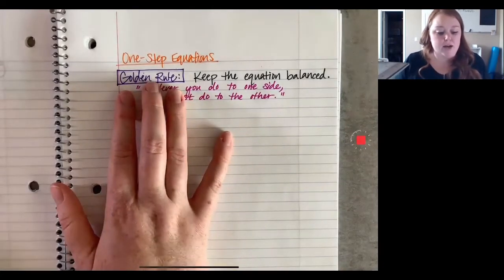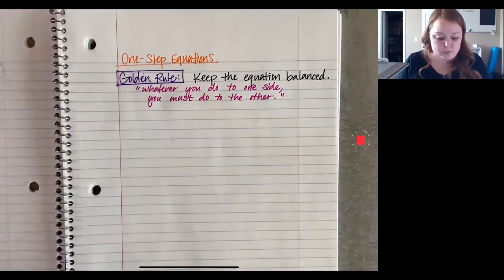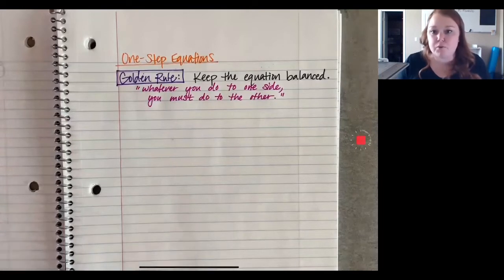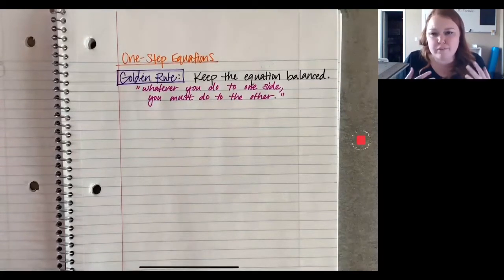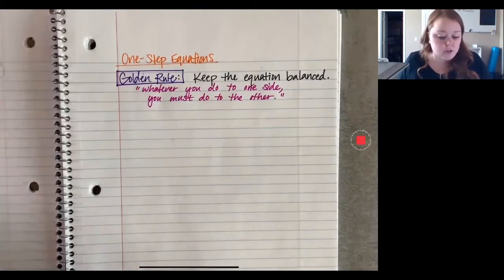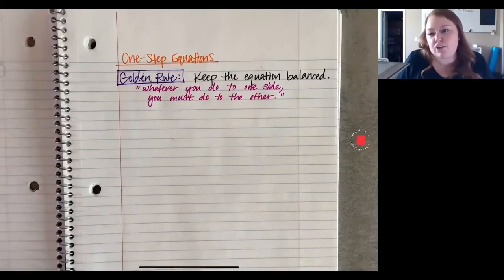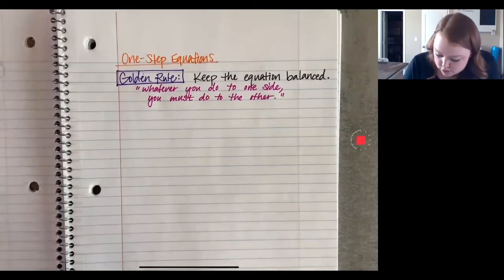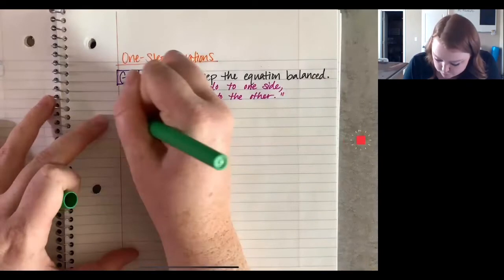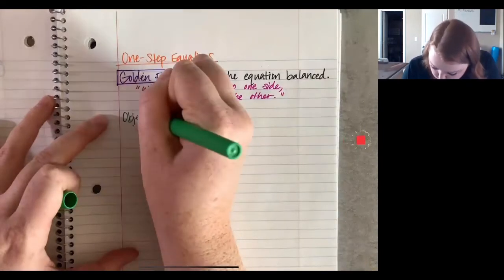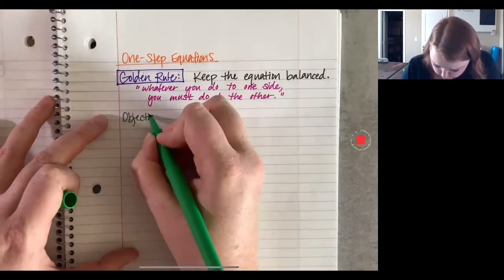And then the whole point of an equation, we call it the objective or the mission or the goal, however you want to phrase that. I'm going to call it the objective, but it's like our goal, okay? So the objective, oh wow, objective, sorry about my spelling.